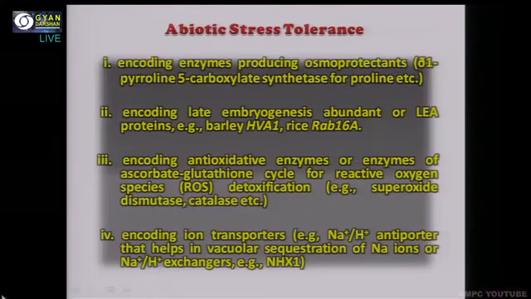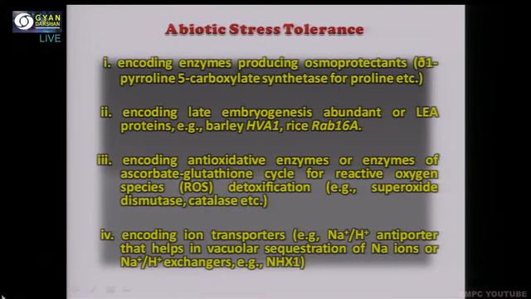So what are the ways by which you can actually generate abiotic stress tolerant plant? Now, first of all, we have to understand that whenever there is any form of environmental stress, which are the pathways or which are the genes that get triggered? Now, if you remember, these points were discussed in the last lecture, that we have the induction of the osmoprotectants or the osmolytes.